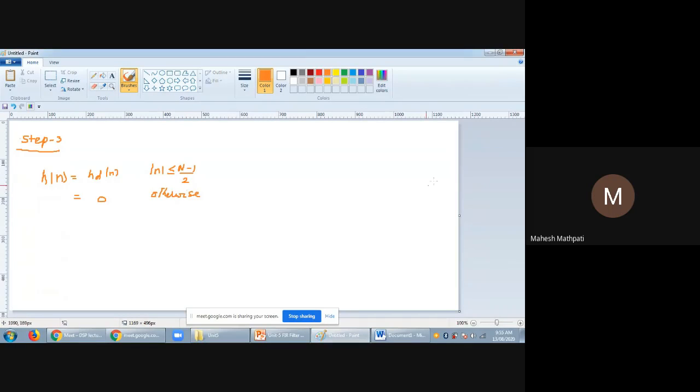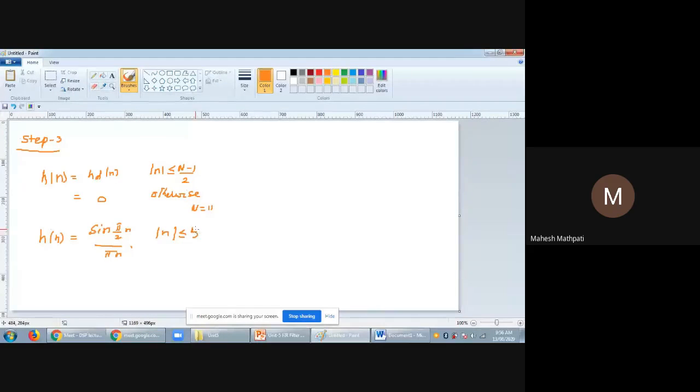So we have calculated h_d of n, and we know the value of N also. So h of n equals h_d of n, which we calculated as sin pi by 2 n divided by pi n, for magnitude of n less than or equal to (N minus 1) by 2. If N is 11, then 11 minus 1 is 10, divided by 2 is 5.